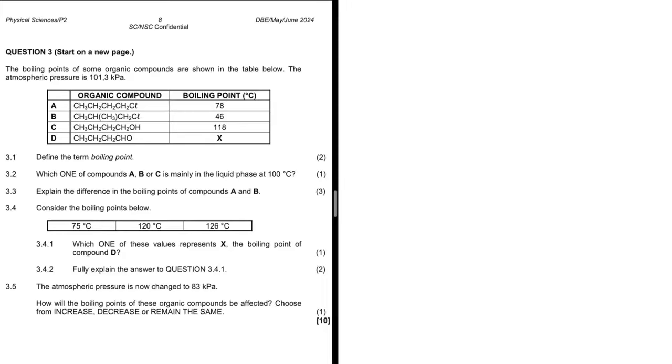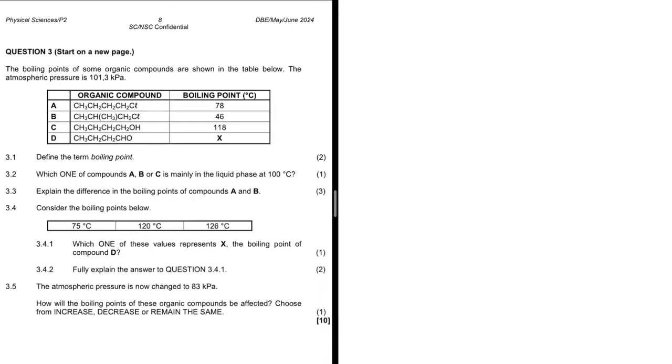What about 3.4 and 3.4.1? Let's go ahead and take a look. Consider the boiling points 75 degrees Celsius, 120 degrees Celsius, and 126 degrees Celsius. Which of these values represents X, the boiling point of compound D? So let's go ahead and take a look at compound D and see if we can make sense of this. Compound D seems to be an aldehyde. Let's take a look.